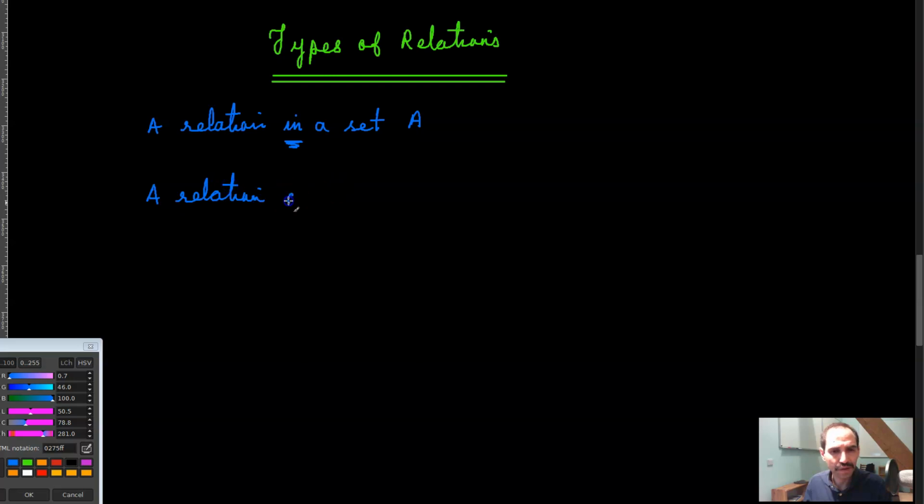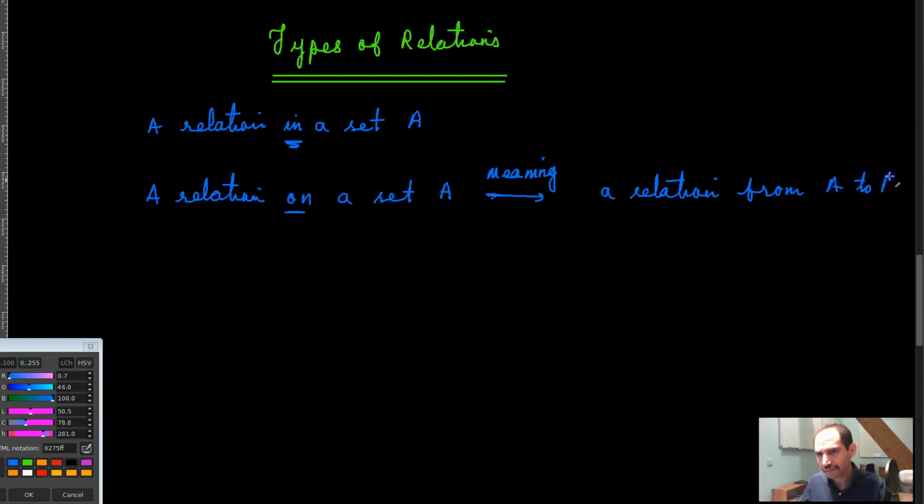Because you could say a relation on a set A, which would be a relation from A to A, right?